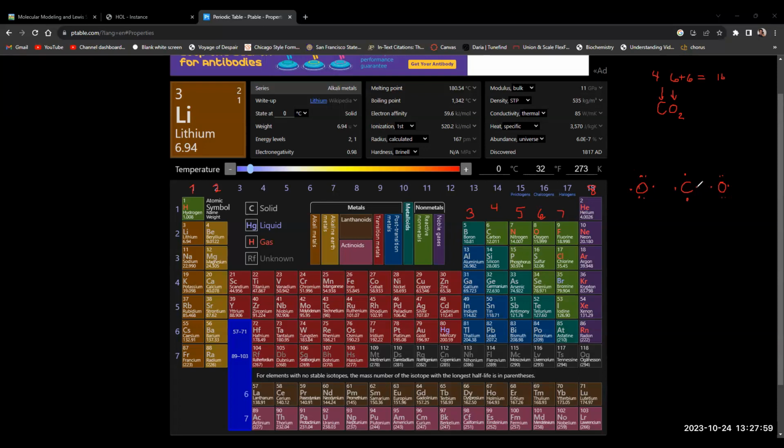So we draw our bond. However, what's the issue here? If you would have to take a guess what's wrong with this structure, what would it be?